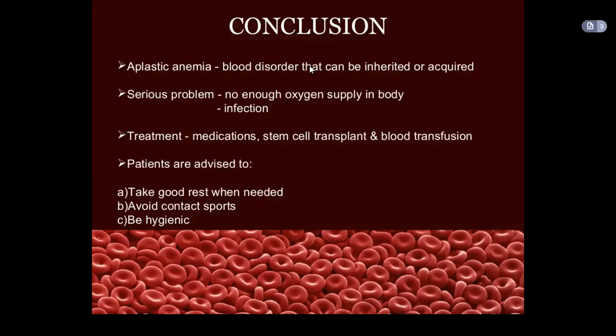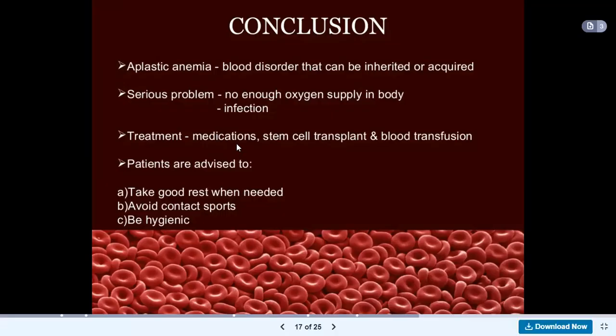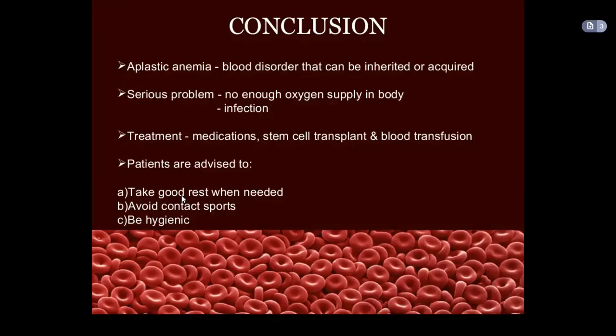How do you treat? As we said, you could use medications, you could do stem cell transplants, and you could do blood transfusion. So patients are advised to take good rest when it is needed, to avoid contact sports, the kind of sports where you can easily get injured.